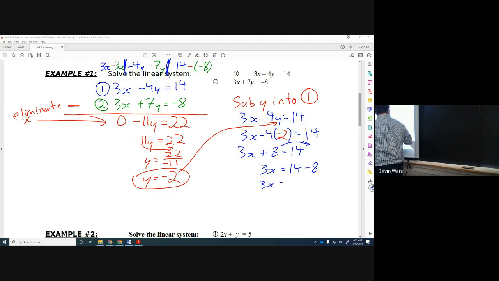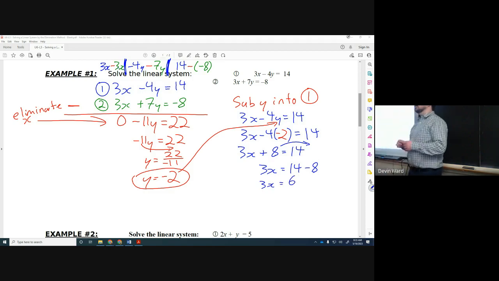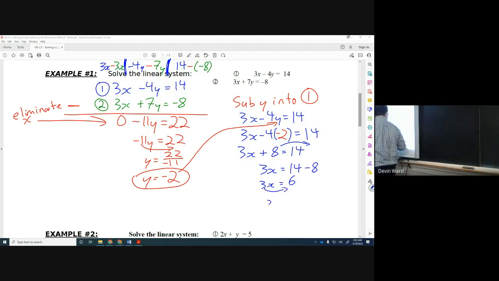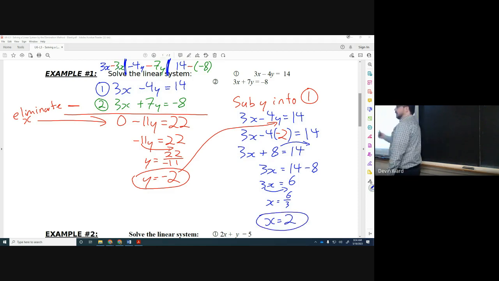We get 3x equals 14 minus 8, which is 6. Divide by 3, perfect. So x equals 6 divided by 3, so my x equals positive 2. Okay, so I know my x, I know my y.